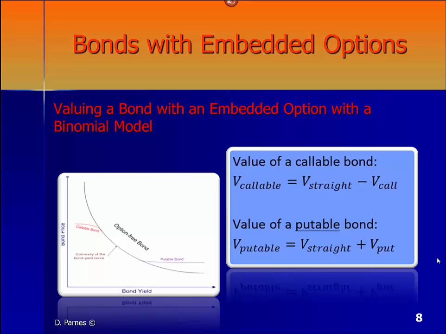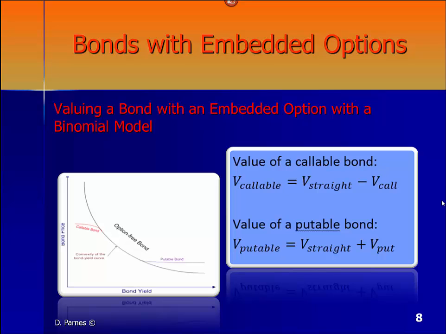So the value of a callable bond from a bondholder point of view is the value of a straight bond or a bullet bond minus the value of the call option. The call option needs to be subtracted from the value of a straight bond or a bullet bond, simply because the call option here protects the issuer, not the bondholder. With a puttable bond, it's the exact opposite. A puttable bond allows the bondholder itself to force the issuer to buy back the bond at a predetermined price.